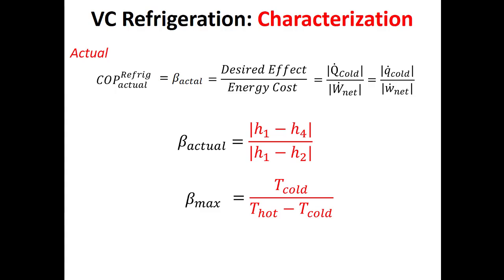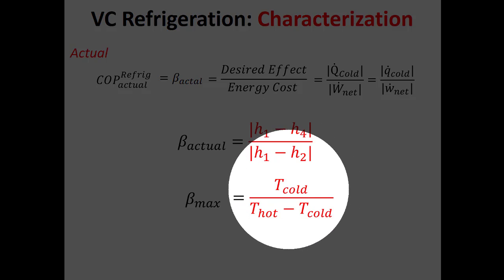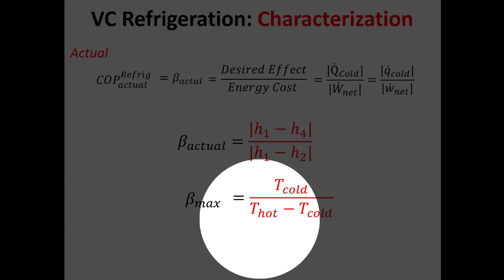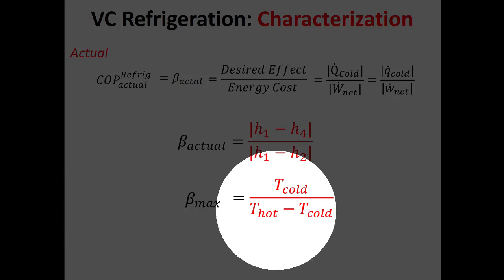Now, we might want to compare that to the maximum possible coefficient of performance we can get. In that case, we put the cold temperature on top, because the energy benefit is about removing heat from the cold side, divided by the net work, which is the net heat. If it's an ideal process, we can replace Q dot in minus Q dot out with Q hot minus Q cold, and then turn that into T hot minus T cold.